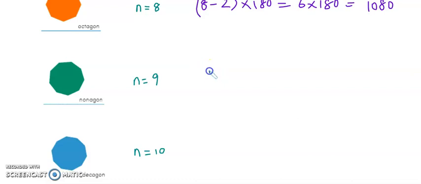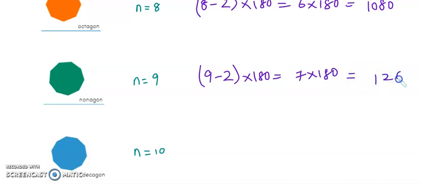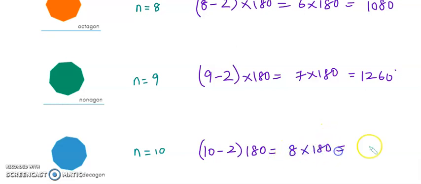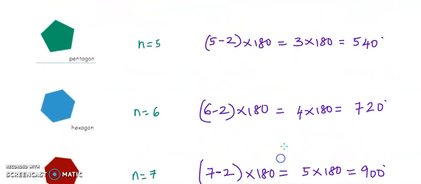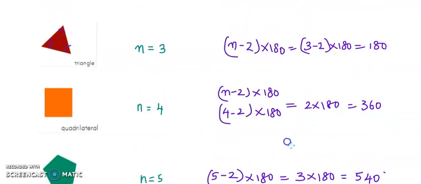Similarly, for nonagon and decagon, 9 minus 2 multiplied by 180, which is 7 multiplied by 180, which is 1260. Sorry. And the last is 10 minus 2 multiplied by 180, which is 8 multiplied by 180, 1440. So this formula helps us to find out the measurement of all the interior angles.